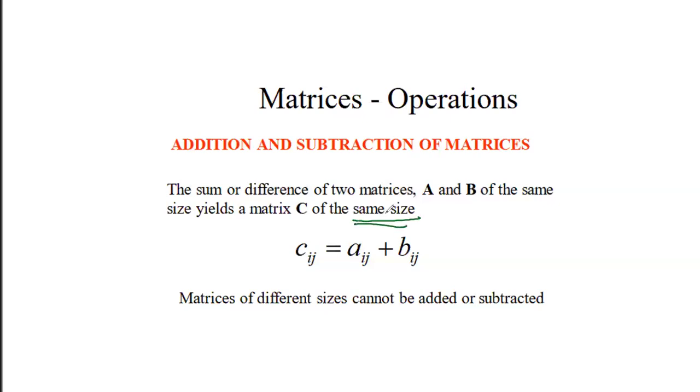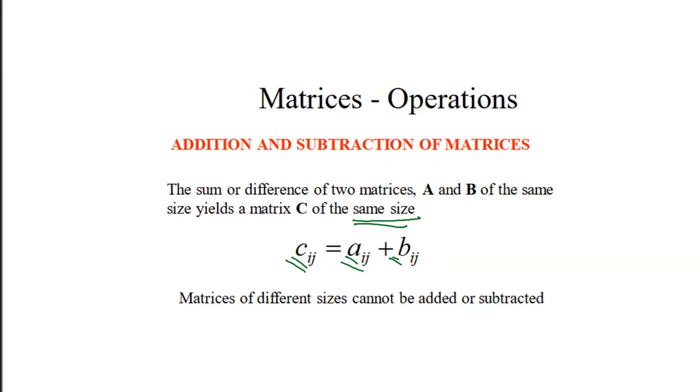You cannot add two matrices whose dimensions are different, right? All you do is add corresponding elements. Add A subscript ij and B subscript ij, and that will give you C subscript ij, right? Same thing with subtraction. You subtract, right?